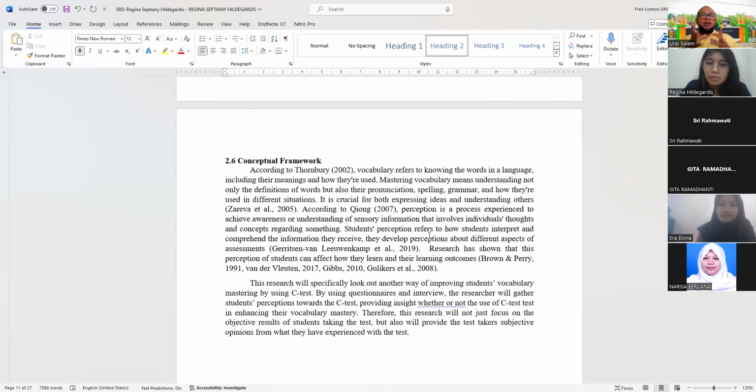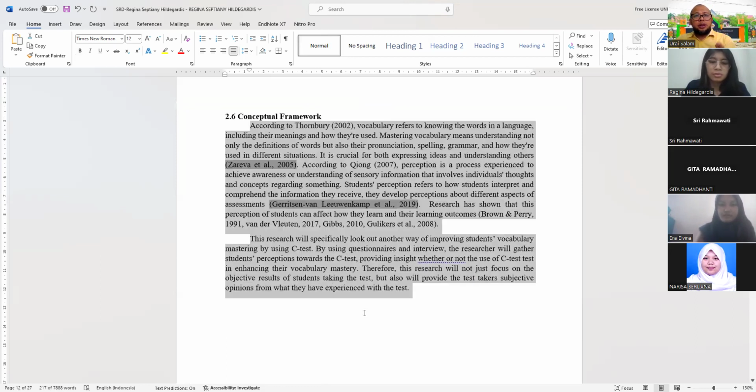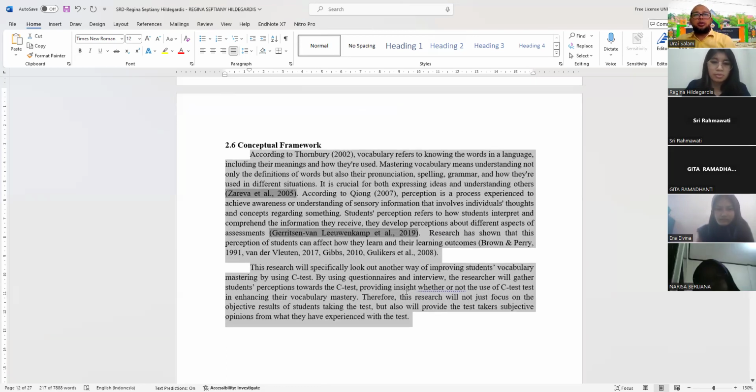Jadi bagaimana misalkan perception itu bisa mengukur bagaimana attitude siswa untuk tentang C-test. Yang mana C-test itu adalah bagi salah satu cara ataupun alat untuk mengukur kompetensi. So this is the intersection of these two topics in your research. Yeah, that's conceptual framework.